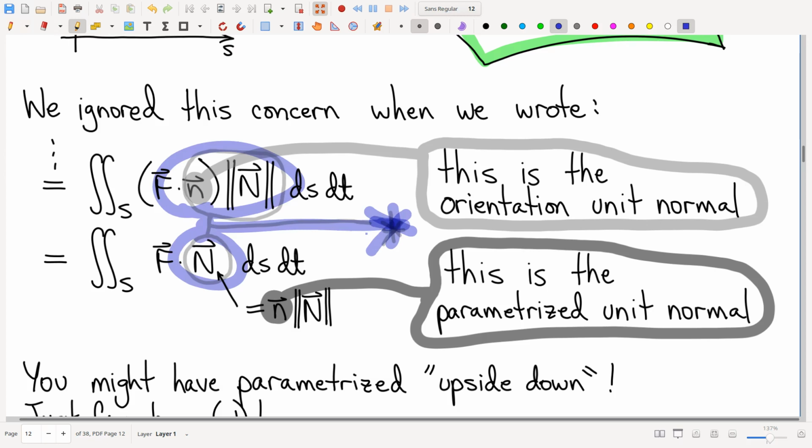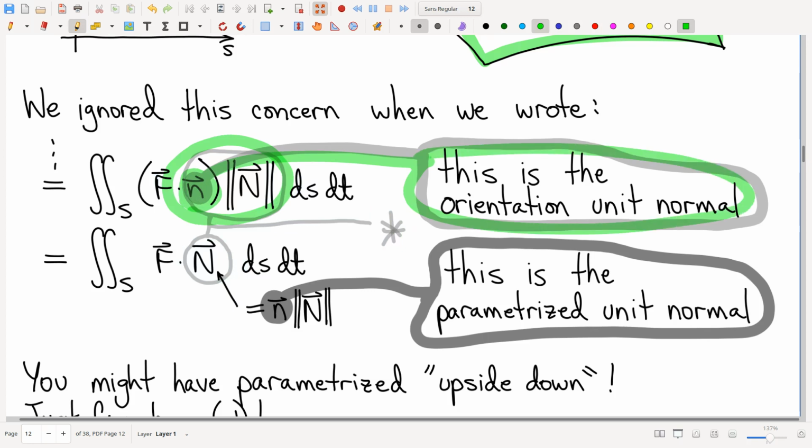And here's the crime. Just to say it explicitly, I was asked a question where there was a given orientation, given in the statement of the question. And then I completely ignored that. I made up my own parameterization, thus leading to a capital N vector, which, to be fair, is a unit normal times a magnitude.